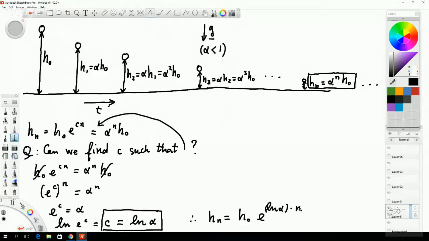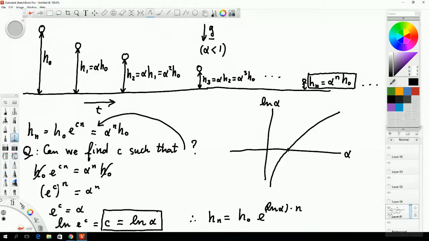Okay, we need to reassure ourselves that this is a decaying function. Yes, why? Because you might say, hang on, e to the something times n isn't that going to be an exponential function, and is not going to increase exponentially? Well, that would be the case if ln of alpha were a positive number, of course. But is it a positive number? Okay, so let's remember the graph of the natural log. It goes a bit like this. So this is, if you like, alpha versus natural log of alpha.